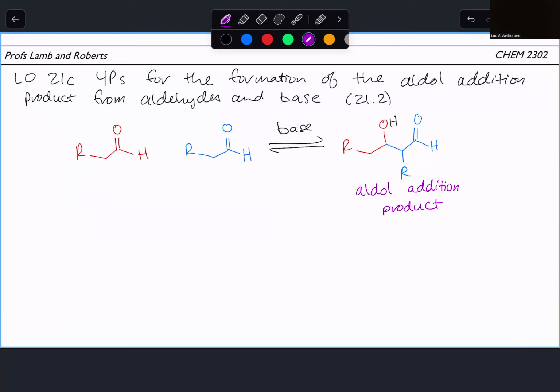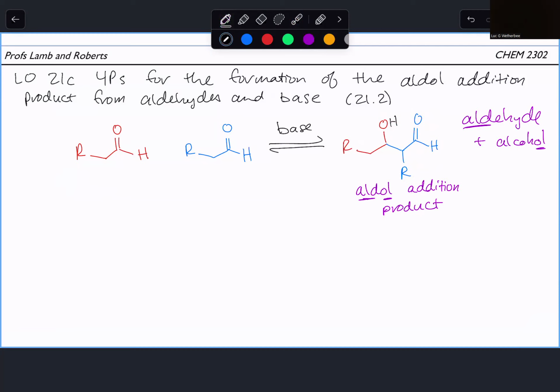Well, if we look at the structure of this product, right, we have an aldehyde. So the ald part is from aldehyde, and we have an alcohol. So the ol part is from the alcohol. So aldol just means that the product has an aldehyde and an alcohol. Could also be a ketone and an aldehyde, but it works a lot better with aldehydes.